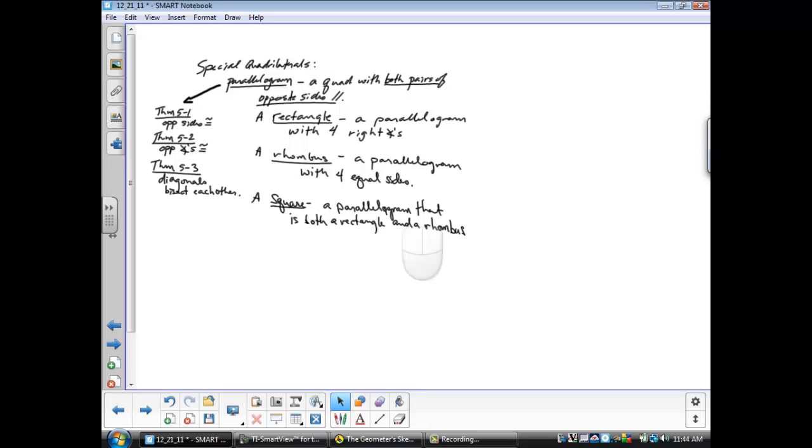So, our first theorem, theorem 5.12, is a property of rectangles. The diagonals of a rectangle are congruent.